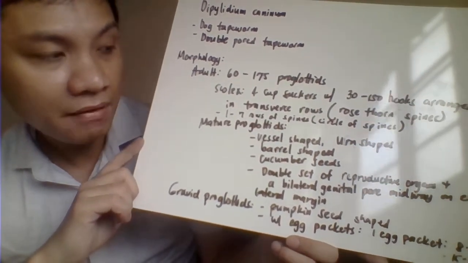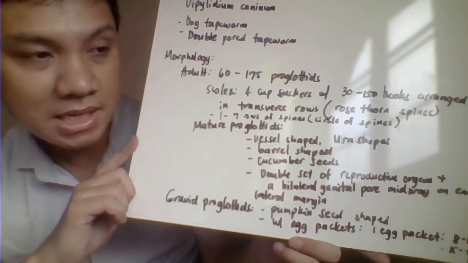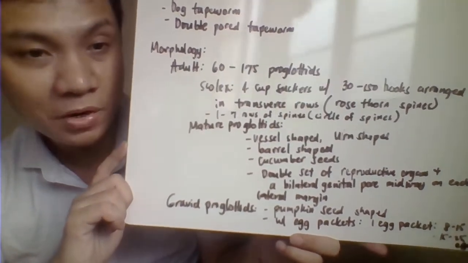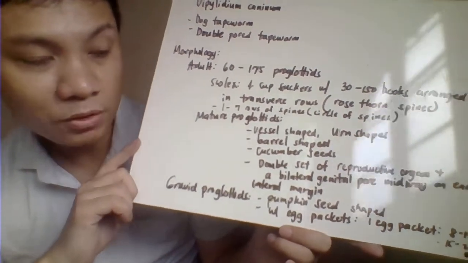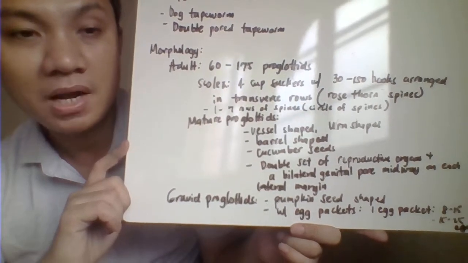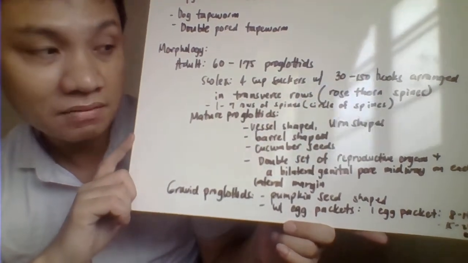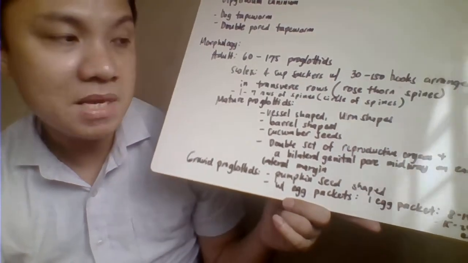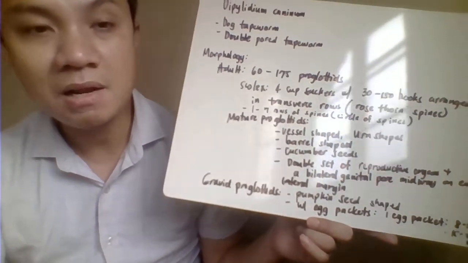On the other hand, we have your mature proglottids. This one would have a characteristic na vase shape, barrel shape, orange shape, like cucumber seeds, with a characteristic double pore with two sets of the reproductive system, having a bilateral genital pore midway on each lateral margin.